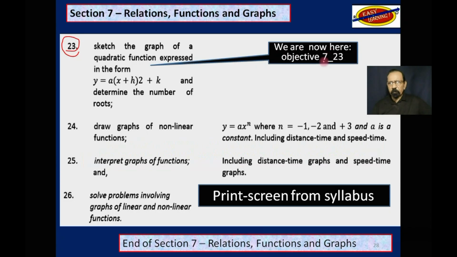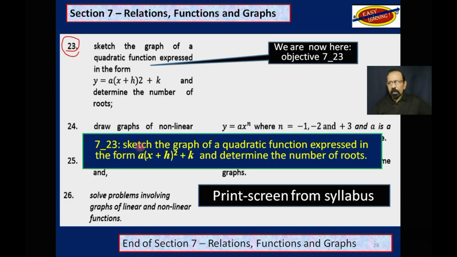And it says specifically that you need to sketch the graph of a quadratic function expressed in this square format and determine the number of roots. Now it just says sketch, not actually draw, just sketch.